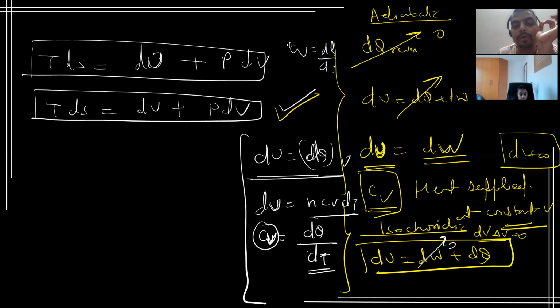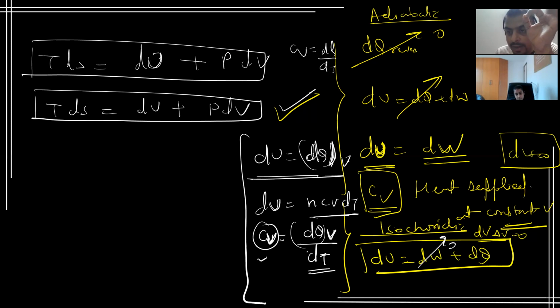So I am going to tell you one thing: heat supplied at constant volume is the heat change with respect to temperature. So CV is equal to dq by dT, where dq is the heat change at constant volume.